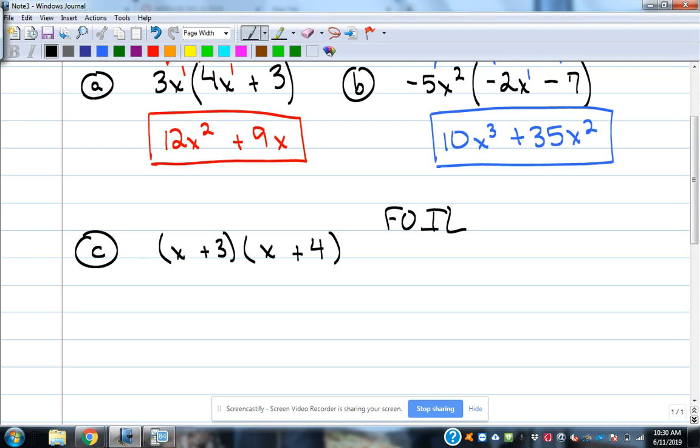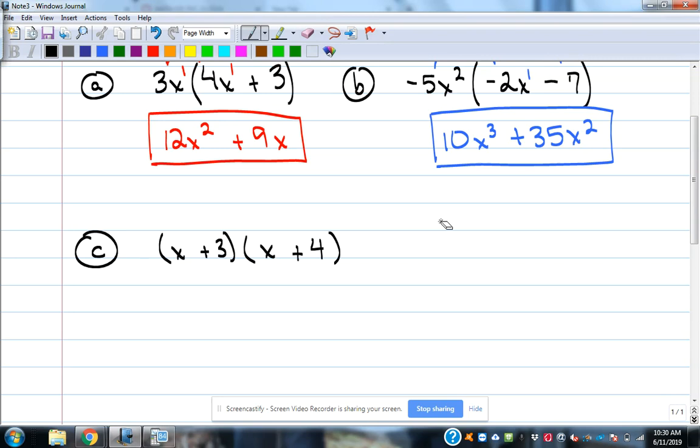I taught FOIL method for several years. I don't call it FOIL method anymore. I just call it distributive property, because that's all you're doing. FOIL stands for first, outer, inner, last. It's wonderful, but it only works for binomial times binomial. It doesn't work for anything else. So I just say, hey, how many distributive properties are we doing here?